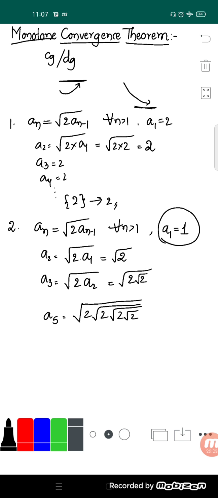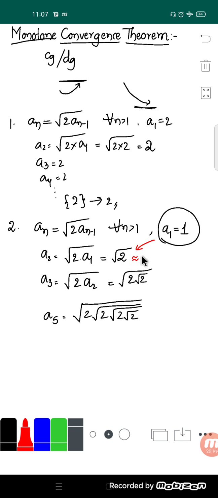See here, you can find the upper limit. a1 is 1 and a2 is root 2, so a2 is greater than 1.